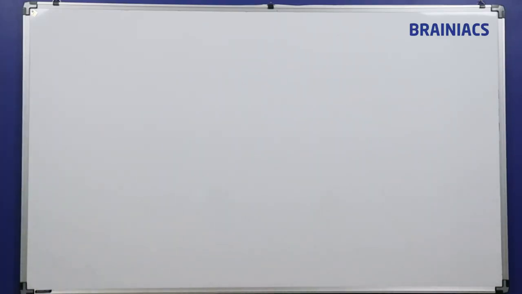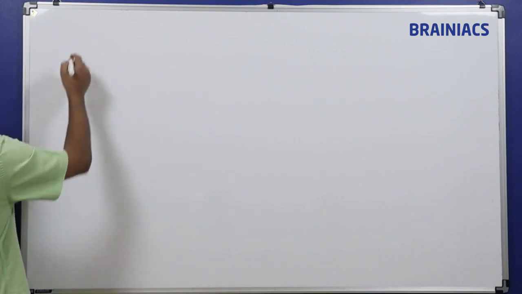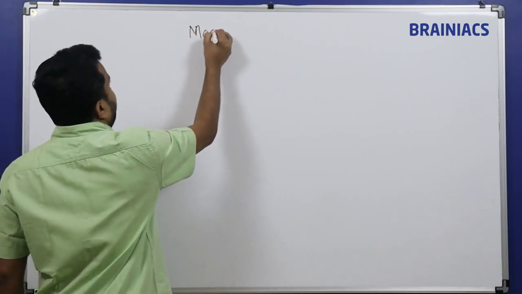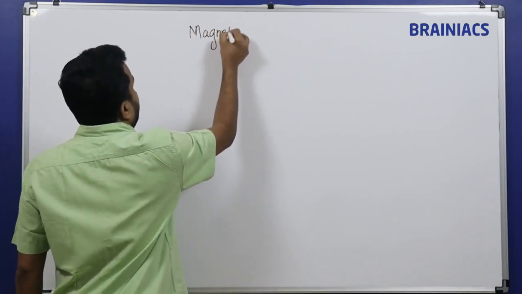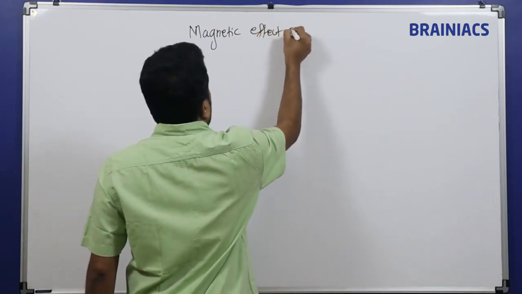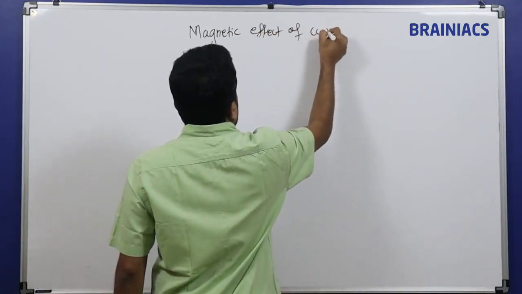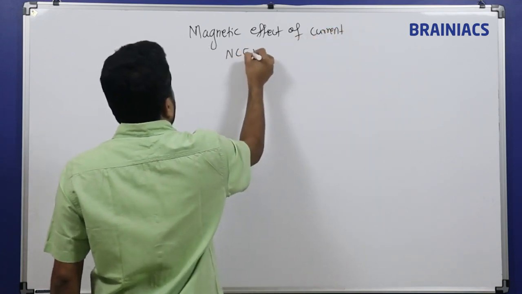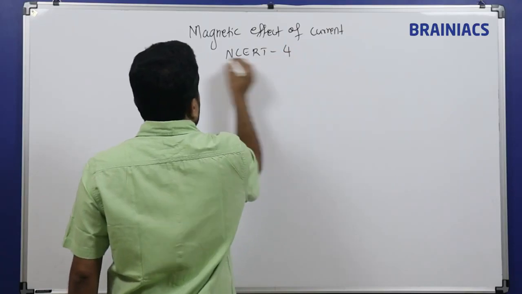We will move forward and see what things are included in this chapter. You can write the heading: magnetic effect of current. This is your NCERT textbook fourth chapter.